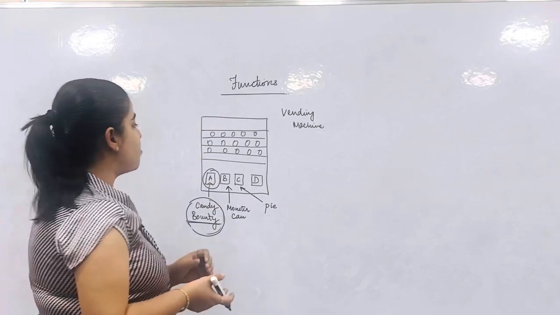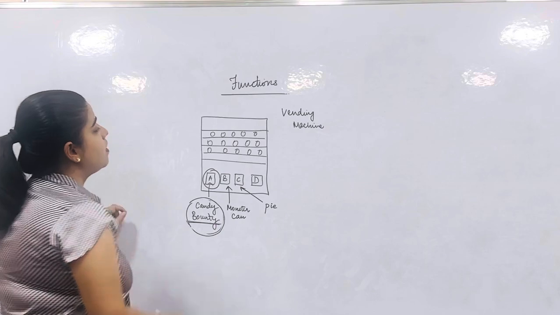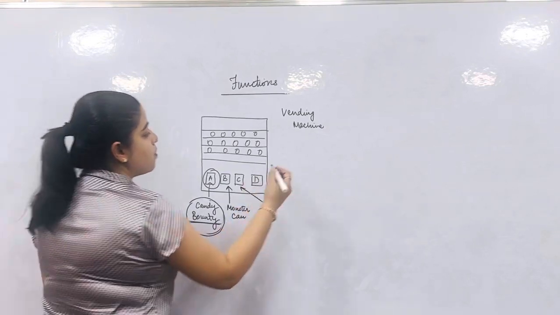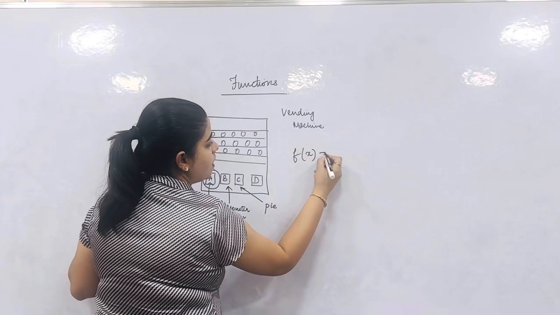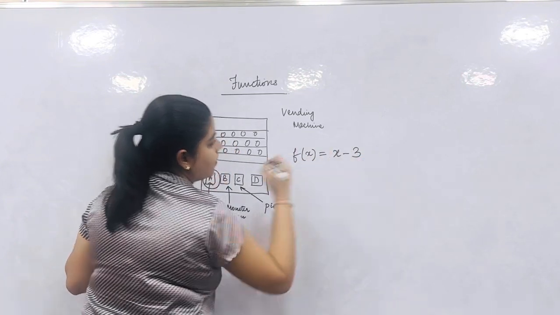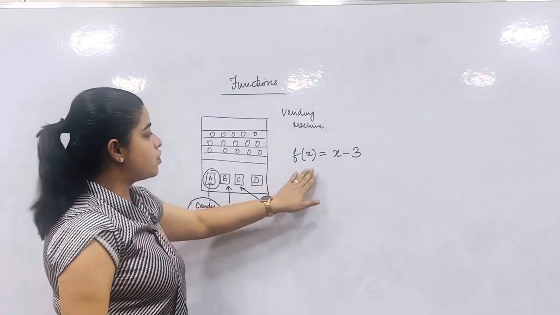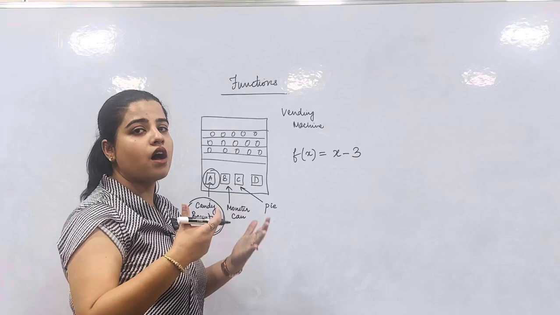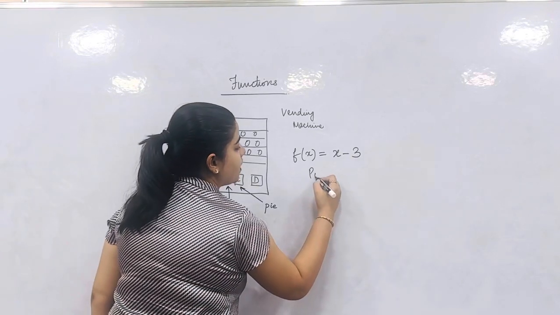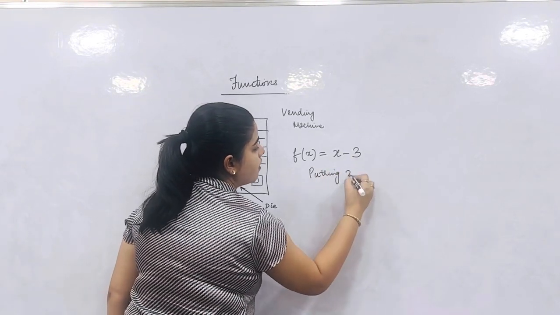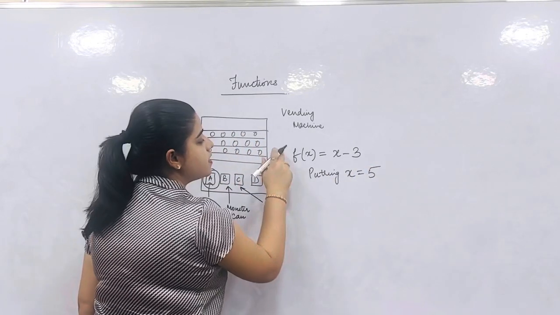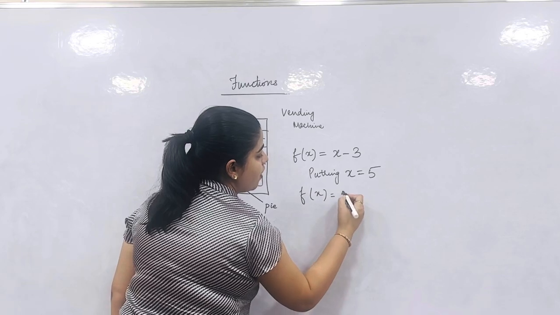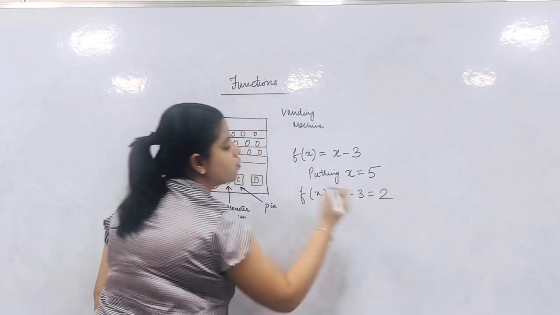Now let's take an example with numbers, like how we learn about functions in mathematics. Suppose you have a function f(x) = x - 3. This is a machine in which you'll input something and you'll get the desired output. Suppose we are putting x = 5 in this function. You'll get the output as 5 - 3, which equals 2.